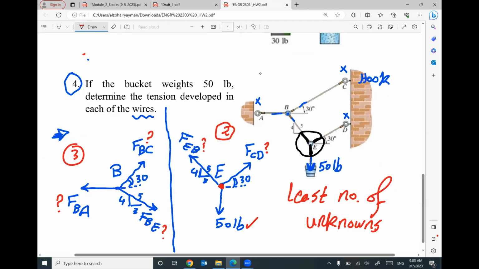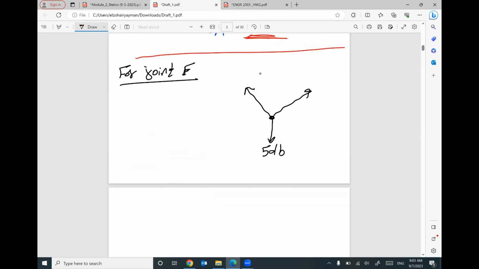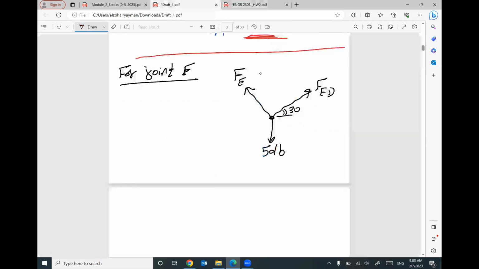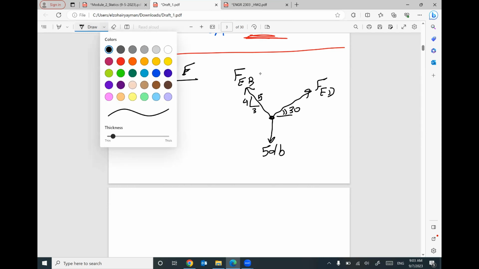This one is called FED with angle 30. This one is called FEB with 4, 3, 5. Let's start. I need to break each force to 2 components.